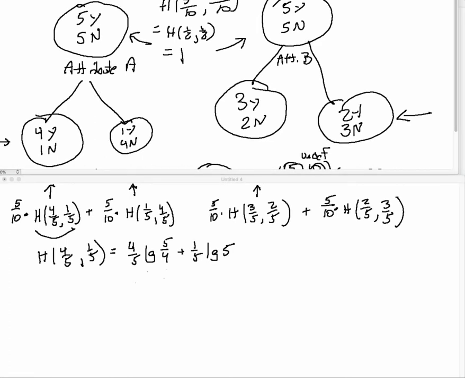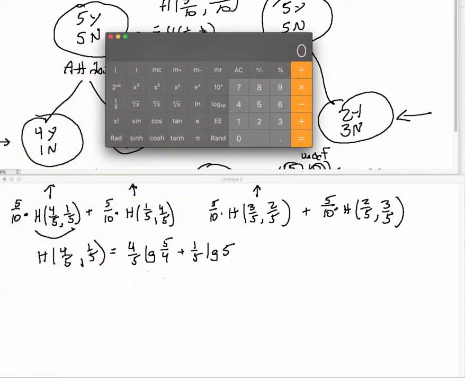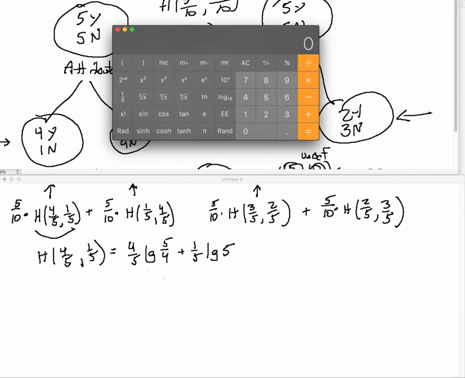Okay, I want to actually calculate this quantity here, and here is my calculator, and I look at it and I get a little bit worried because I need to calculate logarithms base 2, and I see logarithms base 10 and ln, which is a natural log, but nothing base 2. But that's no big deal.